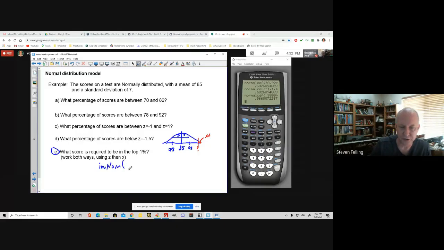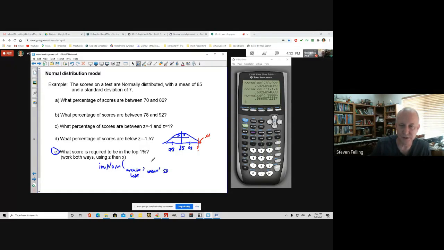Now, so far all these other ones, we were finding a percentage, which was the area. This is the reverse. So now I'm going to have to do this with the other calculator function. So the other calculator function is inverse norm. Inverse norm, and what you have to do is enter the area to the left along with the mean and standard deviation.